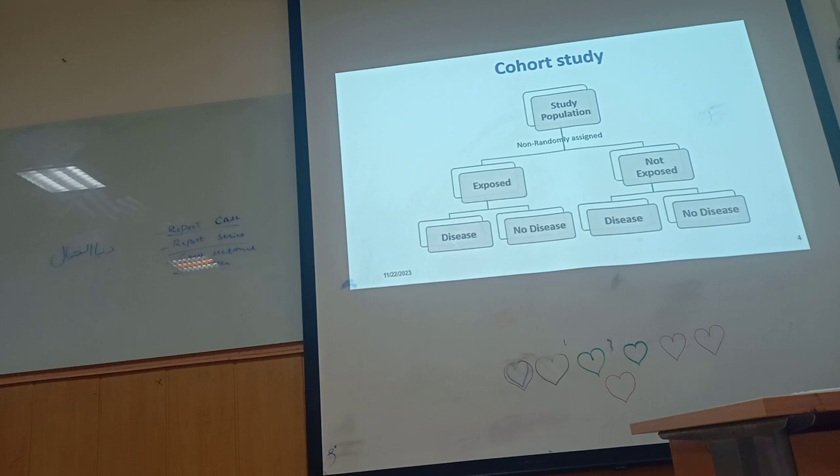And we follow all the study population, those who are exposed and those who are not exposed, to see if they develop the disease or not. And then compare the rate of disease development among those who are exposed with those who are not exposed. Okay? So the design is prospective. We classify people.